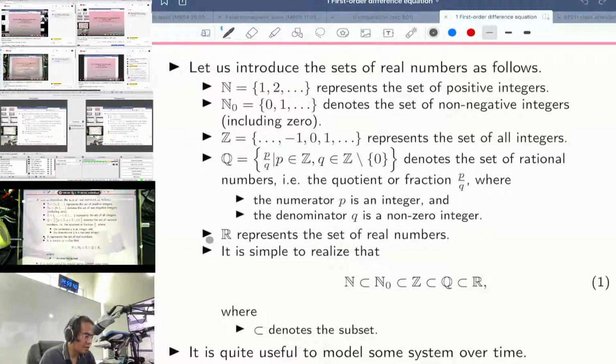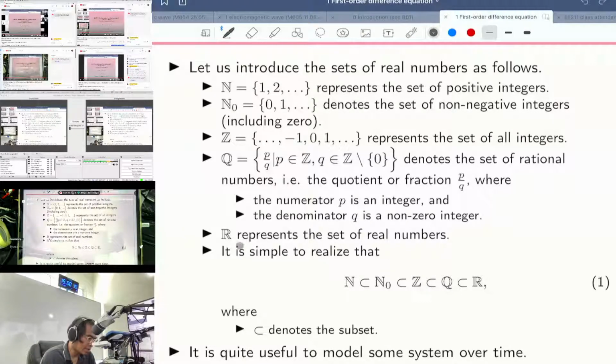R represents the set of real numbers. There could be a special version when we have the positive sign as the subscript. It's going to be the set of real positive numbers, without the negative portion. It is simple to realize that the relationship of the whole set is the following.